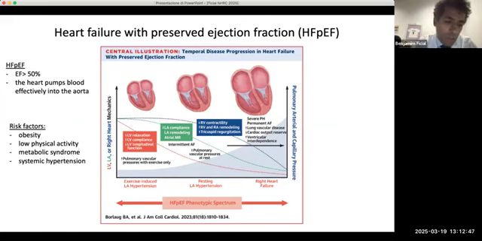Risk factors include obesity, low physical activity, metabolic syndrome, and systemic hypertension. These patients have a reduced LV compliance and relaxation, but the heart pumps blood effectively into the aorta.